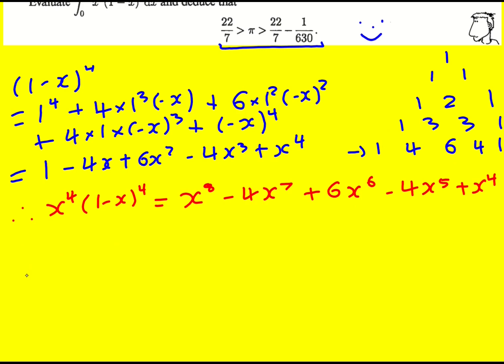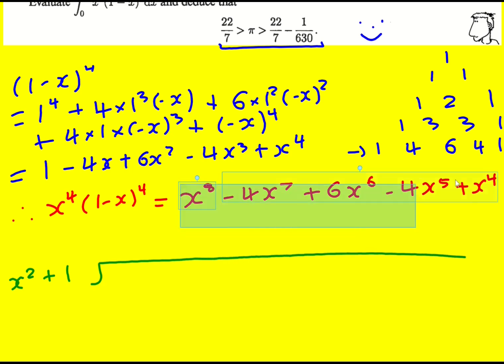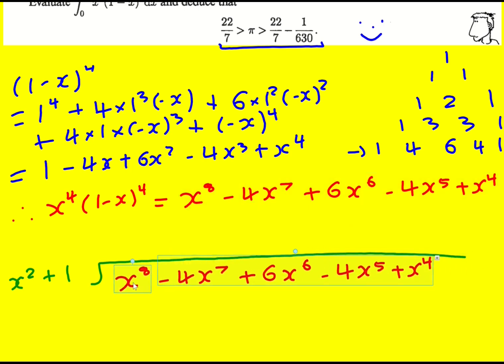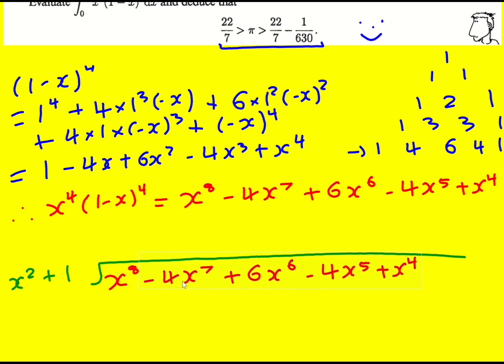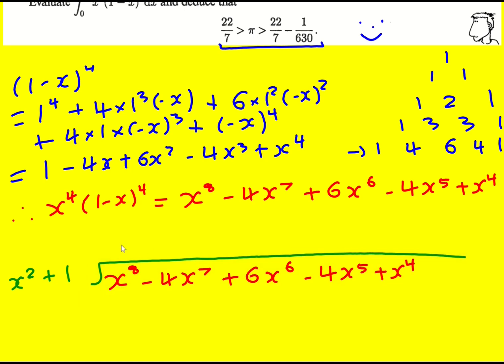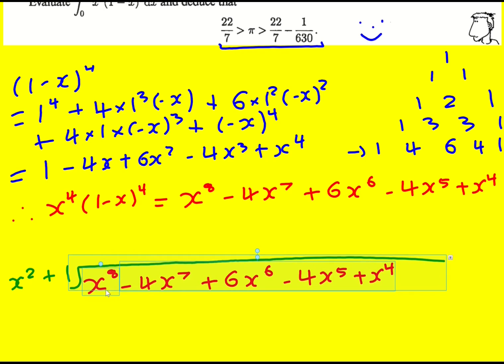So here it goes. Just got to do it carefully, but it will work out. x squared plus 1 divided into this thing that I've just found. I need to have a bit of space to carry it on, with smaller terms.